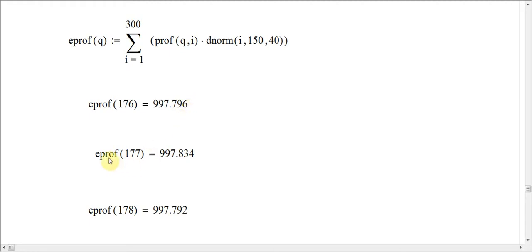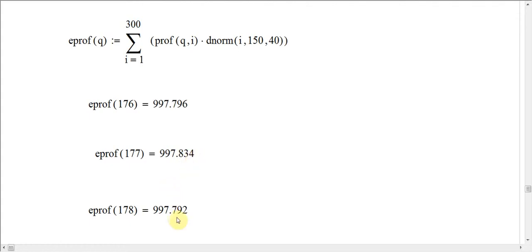If we buy 177, the average profit increases to 997.834, a little bit higher.